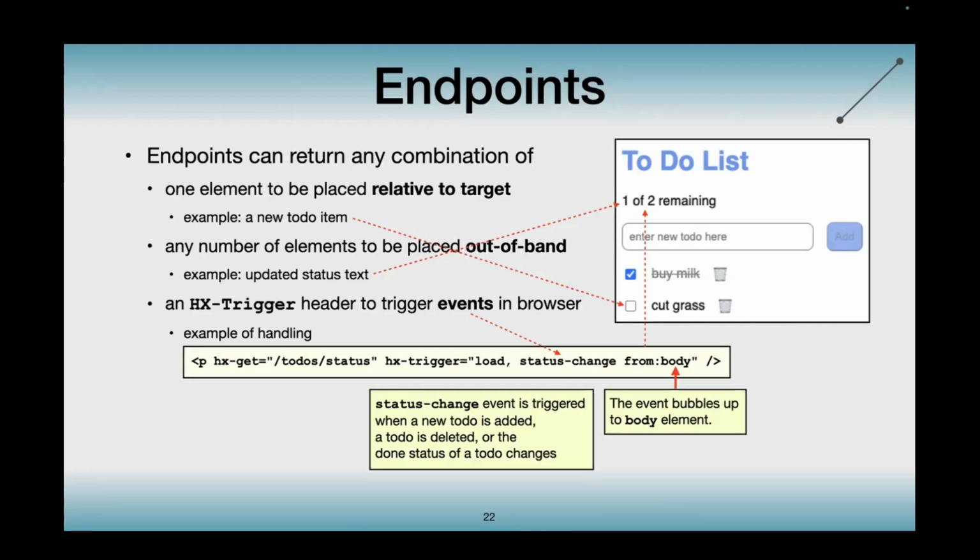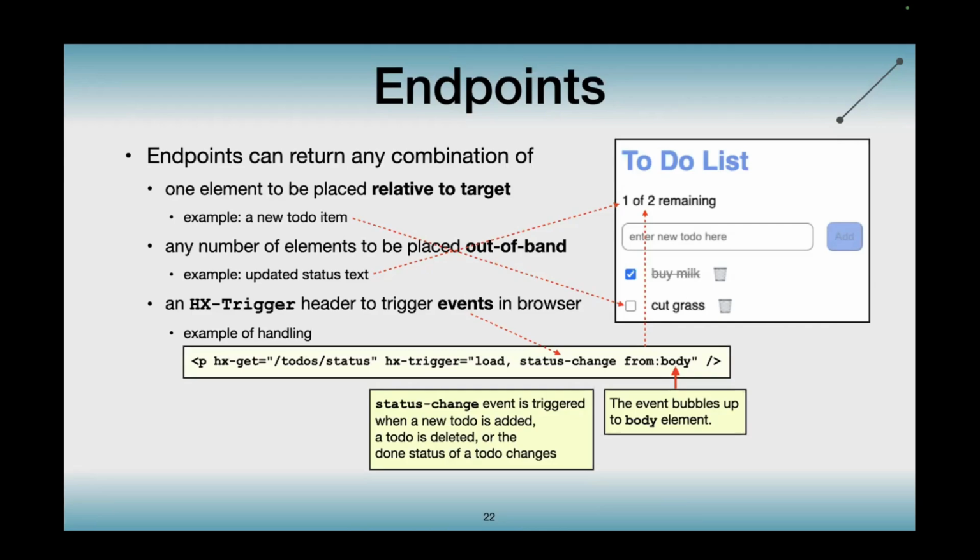So one is adding a new to-do that we discussed. Another one is deleting a to-do. If I hit one of those trash can buttons, I need to update the status line. And finally, if I click one of those checkboxes and change the state from done to not done or vice versa, I also need to update the status. And so all of those endpoints are going to trigger a status change event.